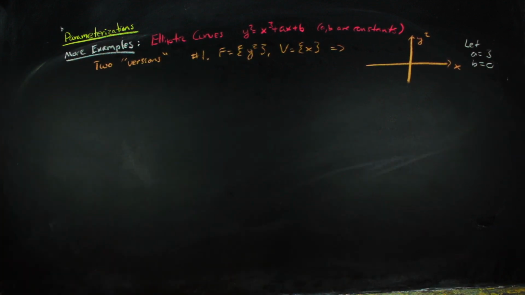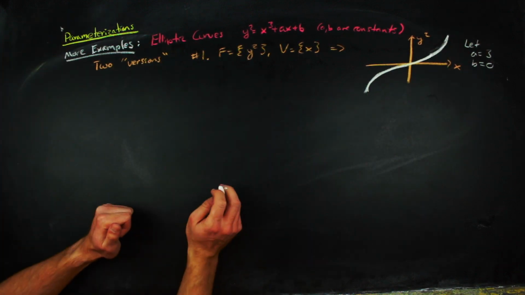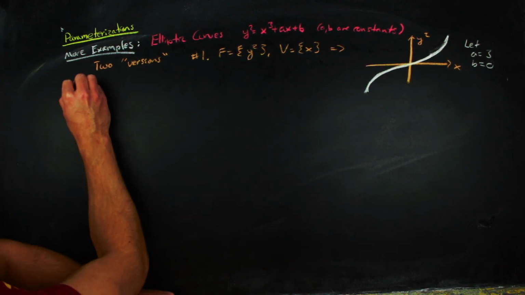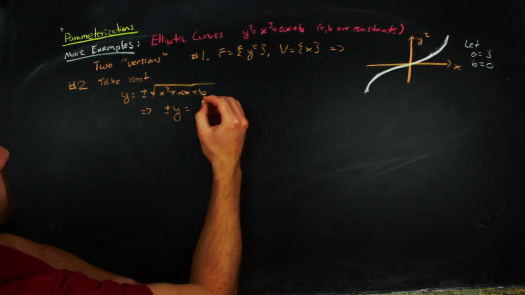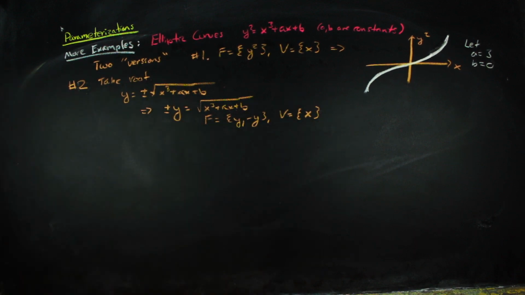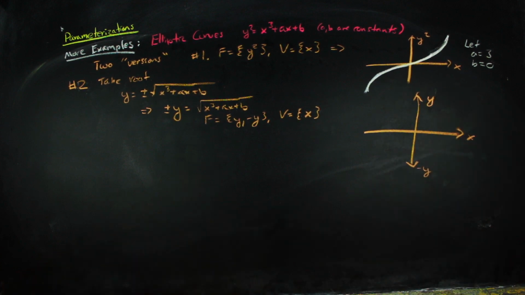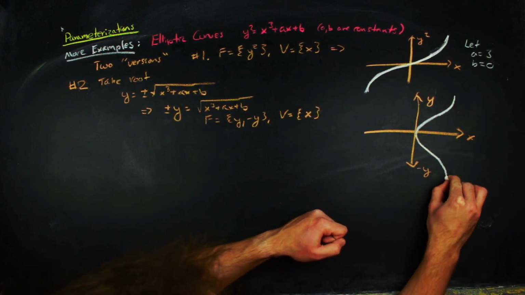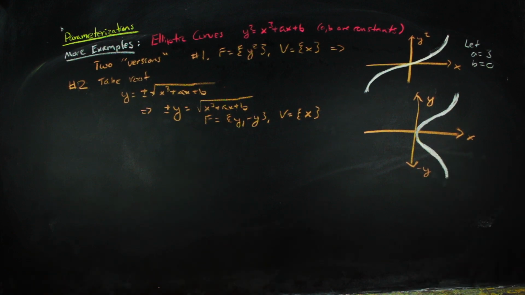Rather, it would be a run-of-the-mill cubic function, sans the square term. However, if you wanted that famous symmetric geometric image of an elliptic curve, you could take the square root of both sides, and then move the plus or minus to say that our parameterization has two functions, y and negative y, and only one parameter, x. Graphing these two functions as x changes yields the desired geometric curve.